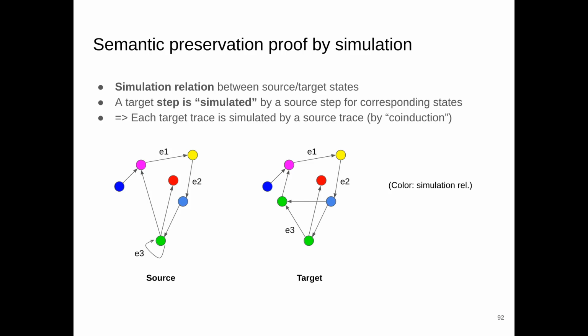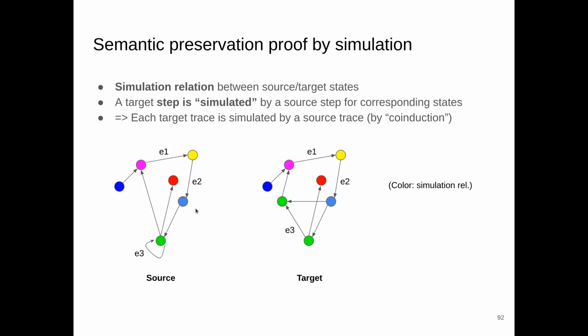Okay, let's move on to how to prove the semantic preservation from a source to a target. Let's say that source and target look like this. So let's first ignore all the colors, and this is the initial state, and it can go to this, to this, to this, to this, to this, and it has the trace of E1 and E2.